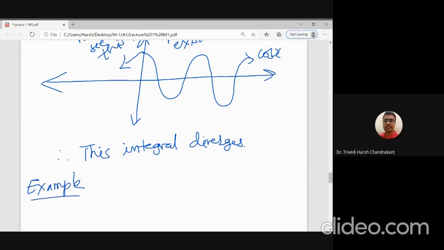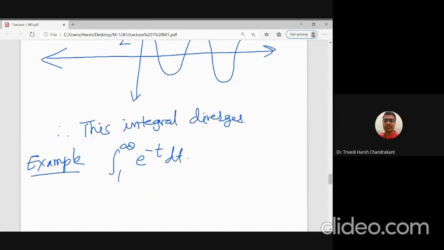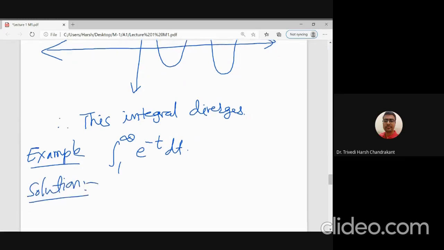One more example I want to take is a simple one, that is e power minus x. So the integral from 1 to infinity of e power minus t dt, is it convergent or not? This is also a very simple example you will be able to do.